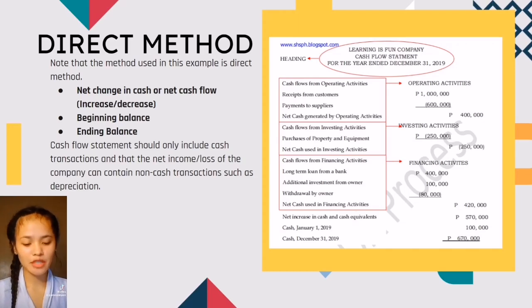Cash flow statement should only include cash transactions and the net income or loss of the company, including non-cash transactions such as depreciation, changes in current assets, and liabilities, which are included if they are related to revenues and expenses which were included in the net income or loss even if they were non-cash transactions, or they affected cash but were not a part of the net income or loss, such as accrual, prepaid or unearned.